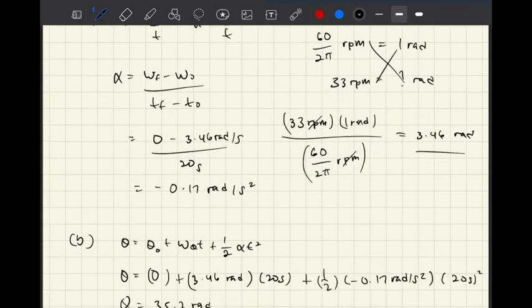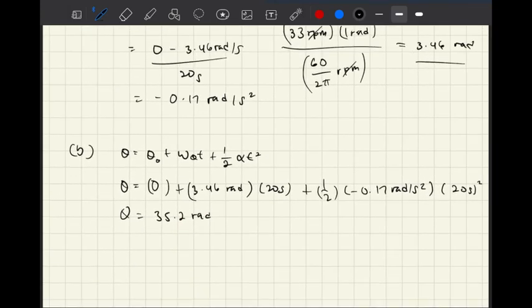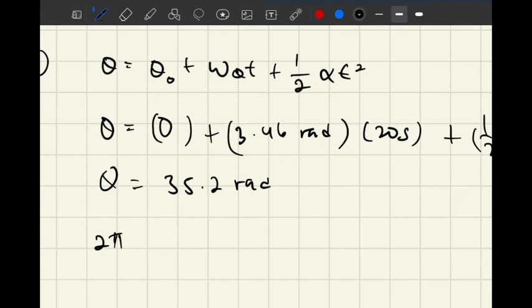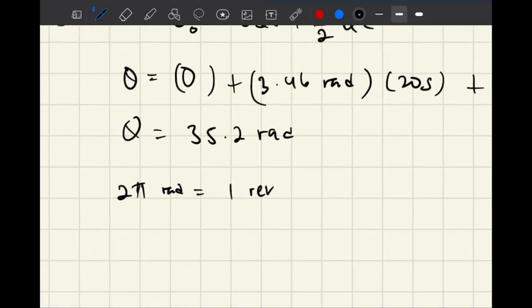Actually, you can leave it as 35.2 radian because the question doesn't require you to convert it, but because I want to teach you how to convert, I'm going to convert it anyway. So 2 pi radian equals one revolution.